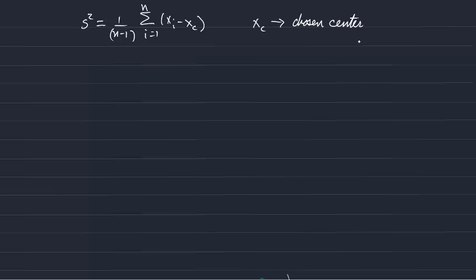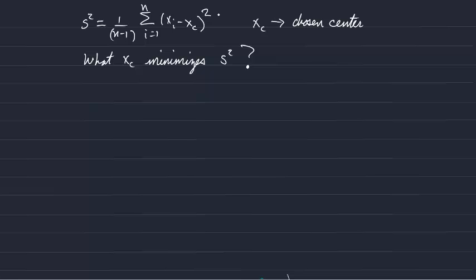So let's ask the question, what xc minimizes s squared? So what central value should we choose if we want to minimize s squared? Okay, and so how do we calculate that?